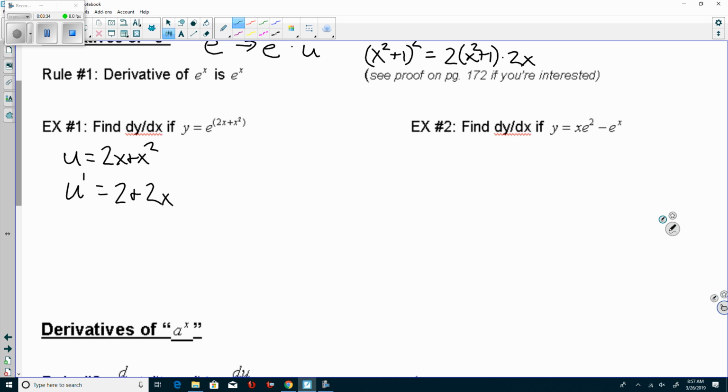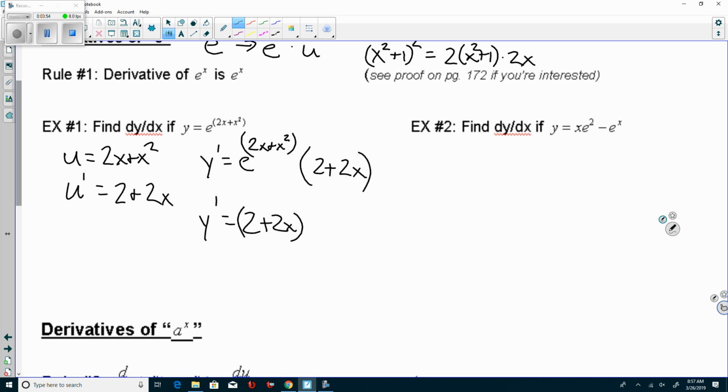So the formula, y prime, is going to be e to the 2x plus x squared times 2 plus 2x. And if you want to rewrite it, what they will probably do is bring this 2 plus 2x out in front, then e to the 2x plus x squared. That's how they'll write it.